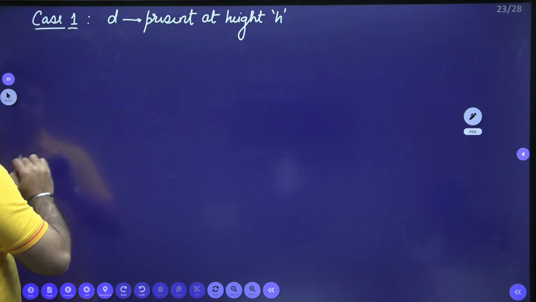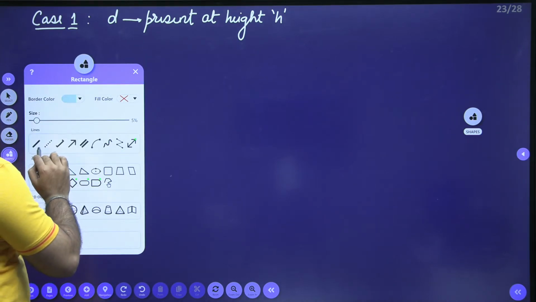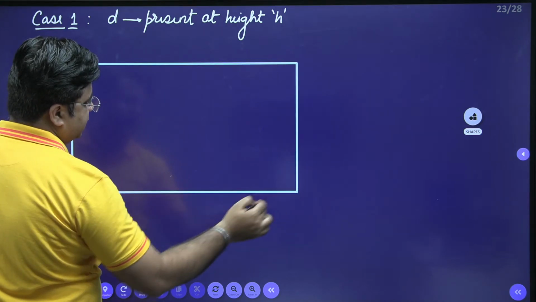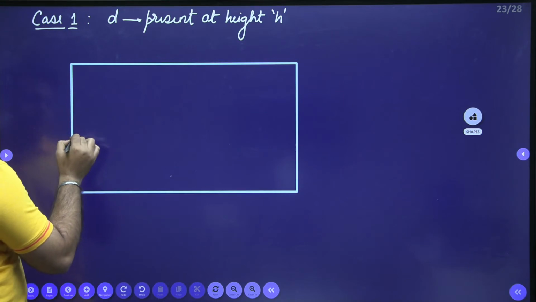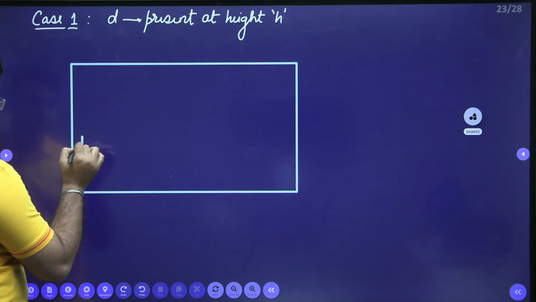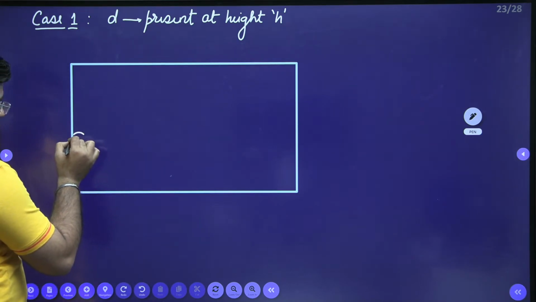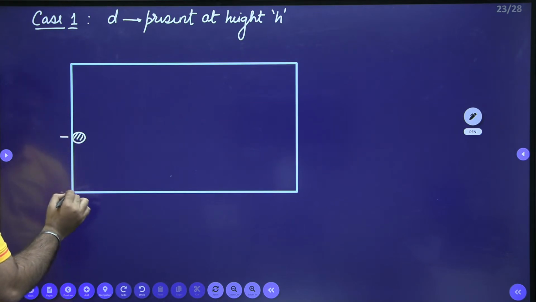So this is my sedimentation tank, where the particle is present at some height small h. This is the concerned size of the particle, present at some height small h, like this.